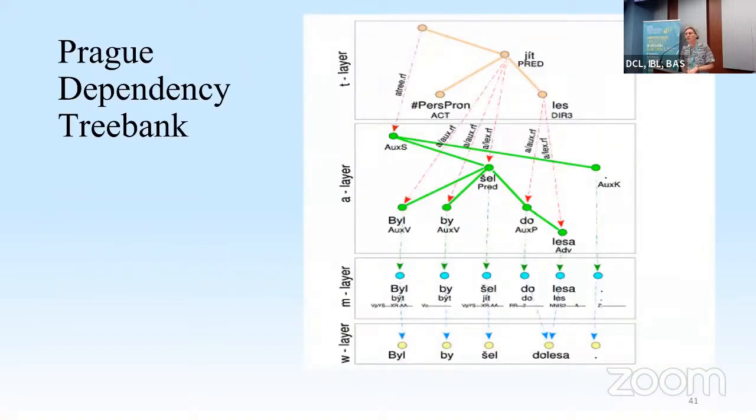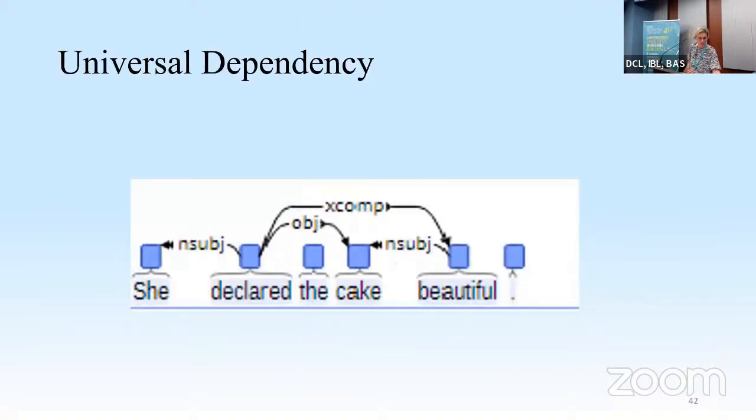Just to see how their tree looks like: it is multi-stratal because you have all the levels from the words to the top of the dependency tree. With universal dependencies, you have more possibilities to see what it is.